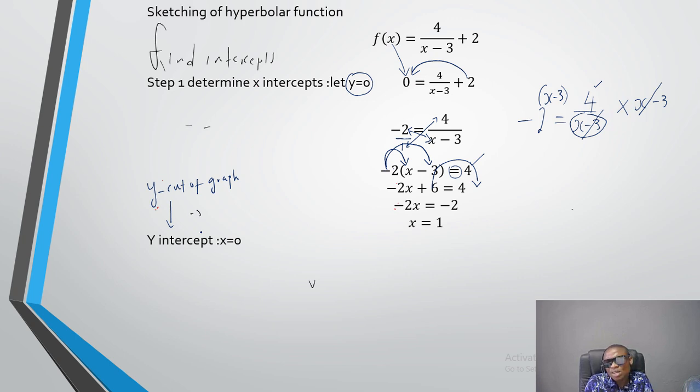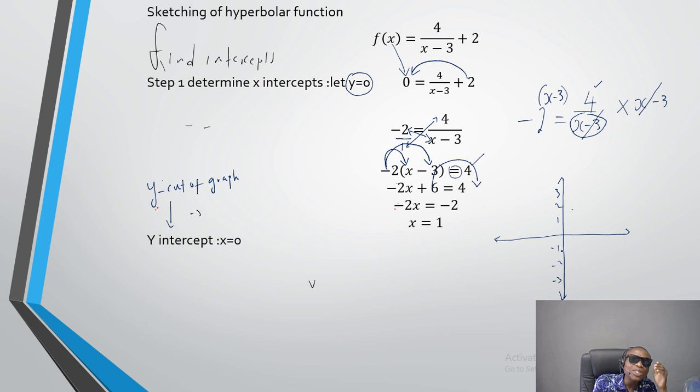Maybe the graph will pass where y is 2, maybe it's 3, maybe it's 4. I have to find the y-intercept. I have to know where on the y-axis the graph will pass through. Let's say you have the y-axis like this, and you have the x-axis. So I need to find the y-intercept, which is the y-cut of the graph.